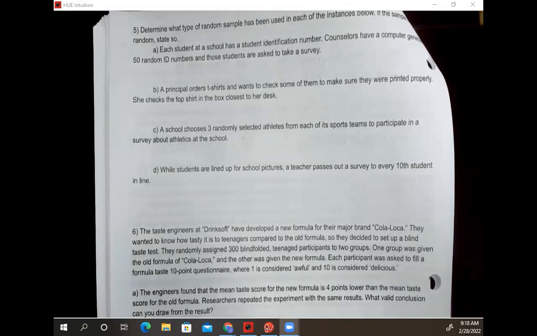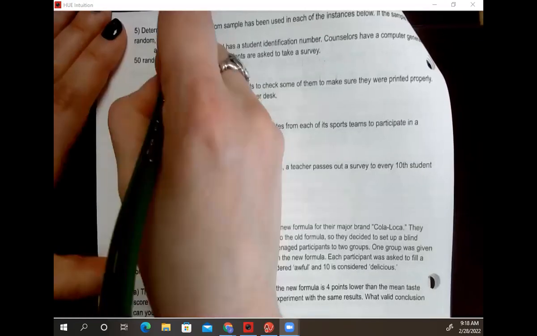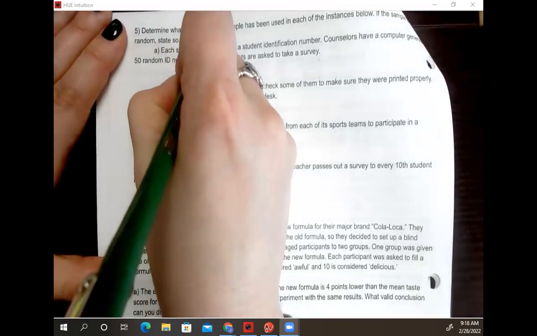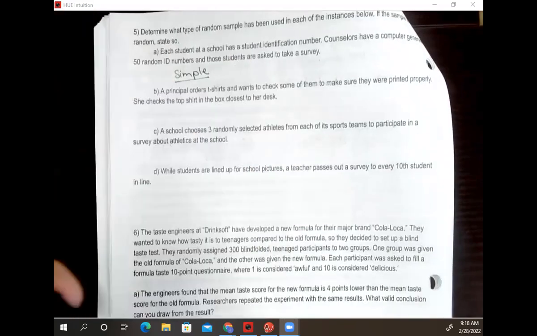Simple, systematic, stratified. Flip back in your notes to those definitions if you need to. Simple, there we go. This is a simple random sample.